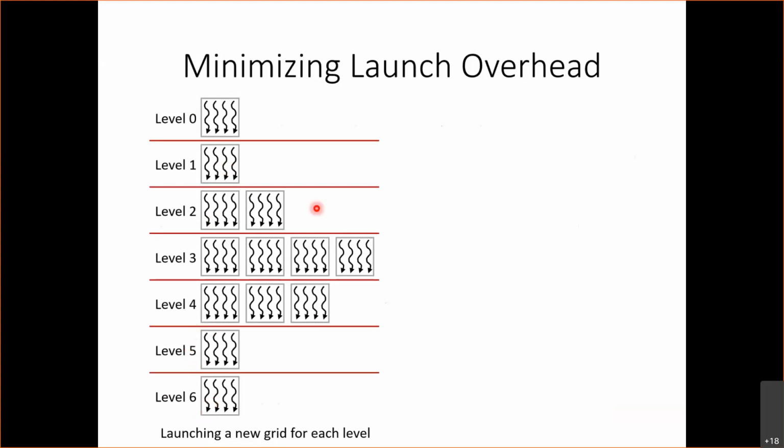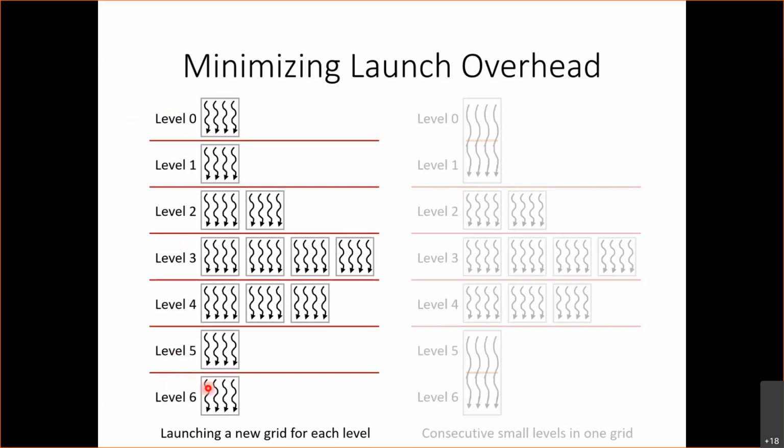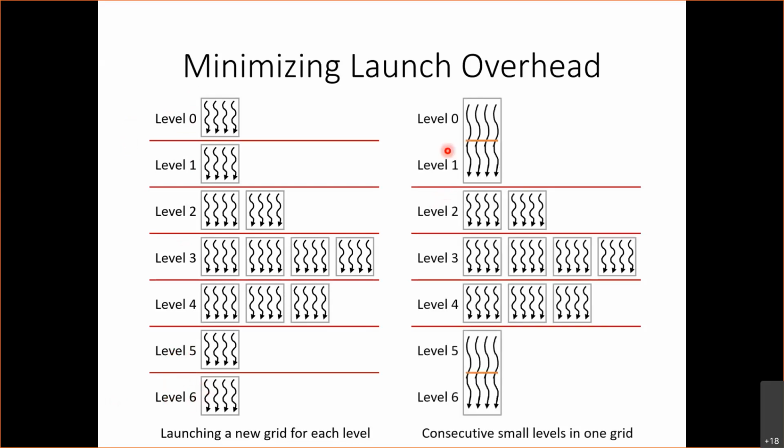Okay. So if in between two levels the number of vertices in the frontier is small enough to be processed by a single thread block, then rather than launching a grid for level 0 and a grid for level 1 over here, or down here, rather than launching a grid for level 5 and a separate grid for level 6, I can just have one thread block process both level 0 and level 1 and use a syncthreads to synchronize between them.